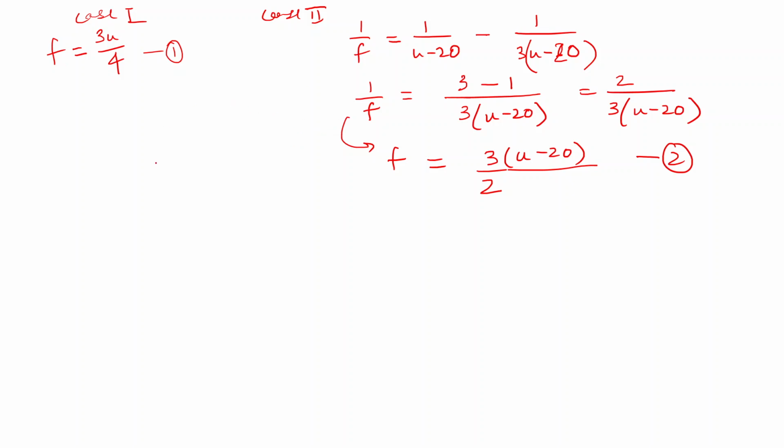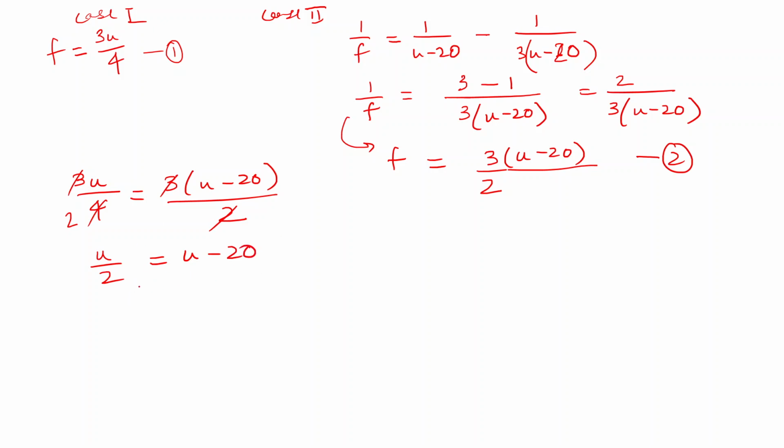So equating 1 and 2, we will get this. So this 3 will be cancelled. This will become 2. So u by 2 is equal to u minus 20.